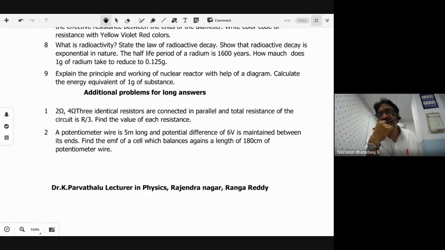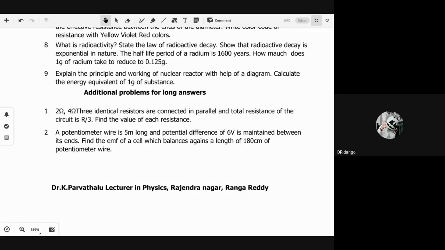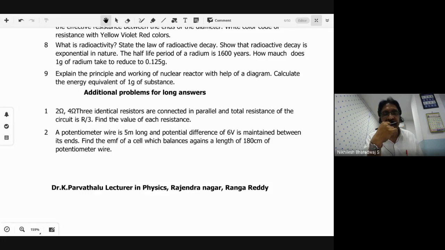What are the moderators? Moderators are used to slow down the fast-moving neutrons. What examples can you give? You can give graphite rods. Next is control rods.